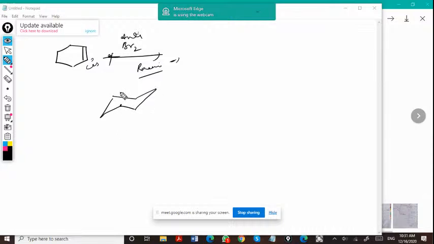Each carbon is going to have one axial hydrogen and one equatorial. The substituent exactly towards the upside is called axial, or exactly towards the downside is also called axial. So each carbon is going to be substituted with axial as well as equatorial substituents.